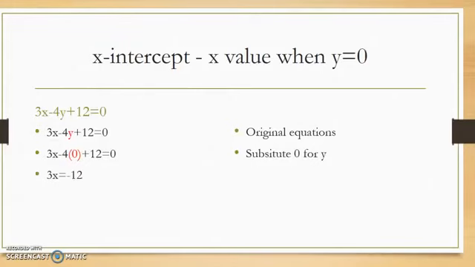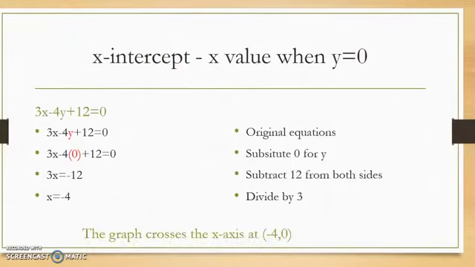So then we're going to subtract the 12 over to get 3x equals negative 12. So we just subtracted 12 from both sides. And then we're going to divide by 3 to get x equals negative 4. So the graph crosses the x-axis at negative 4, 0. That is the x-intercept, where it crosses the x-axis.